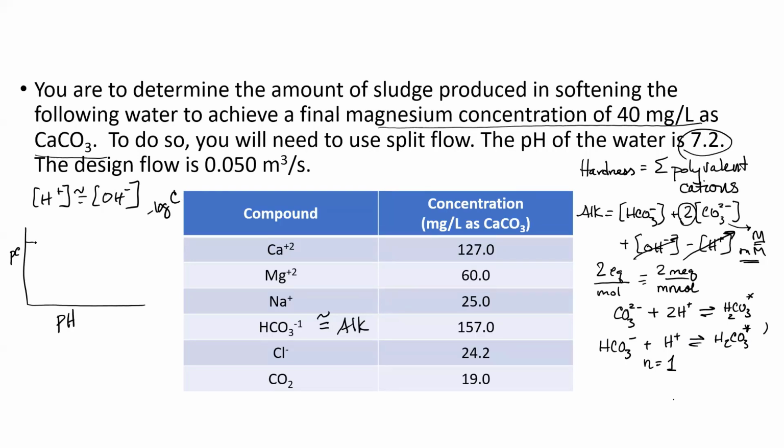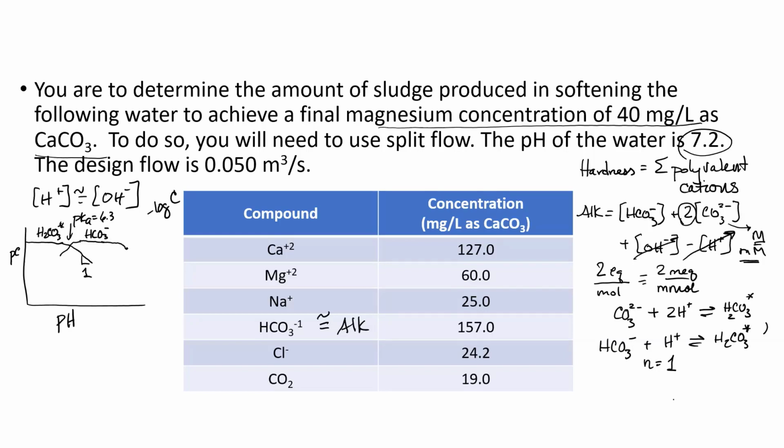So we can plot this as concentration of carbonic acid, and that will be relatively constant until it reaches the first pKa, which is about 6.3. At that point, its concentration decreases with a slope of 1, and now bicarbonate predominates.